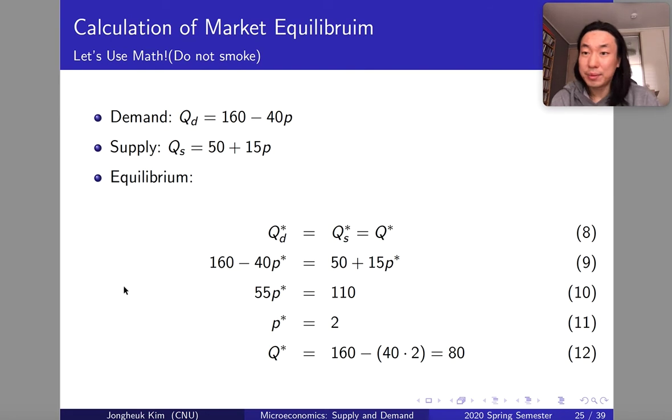In the real exam, I need you to find the P star or Q star with the exact value of numbers, like 2 in this case, or like 80 in the Q star case, okay? But if you cannot do that in the real exam, then you can just write down what you are thinking about and what you are doing to solve the question.